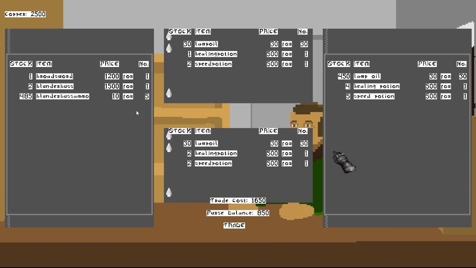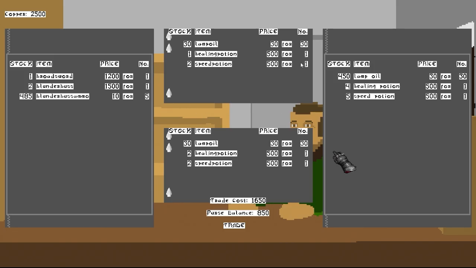But it is in a state where I can probably include it in the game relatively soon. Now, as to how it works, I will explain. I might misremember some tiny detail here because it's been a few months since I worked on it. But overall, this is the player's inventory. This is the shop's inventory. These are items that the player wants to buy, and these are items that the player wants to sell.